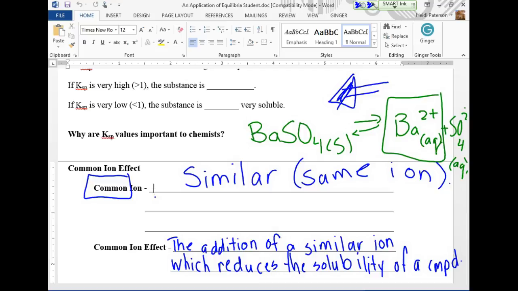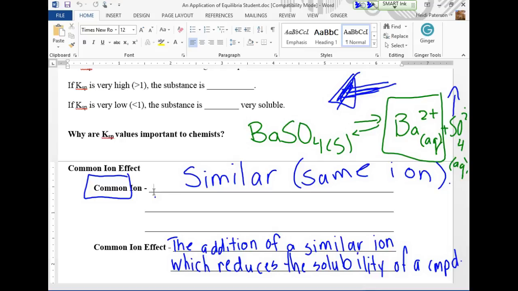By adding a similar ion, I reduce the solubility of the compound. Use this example to help you out with that. If I add more sulfate, I'm going to have a left shift, and more of that barium is going to be locked up in a compound.